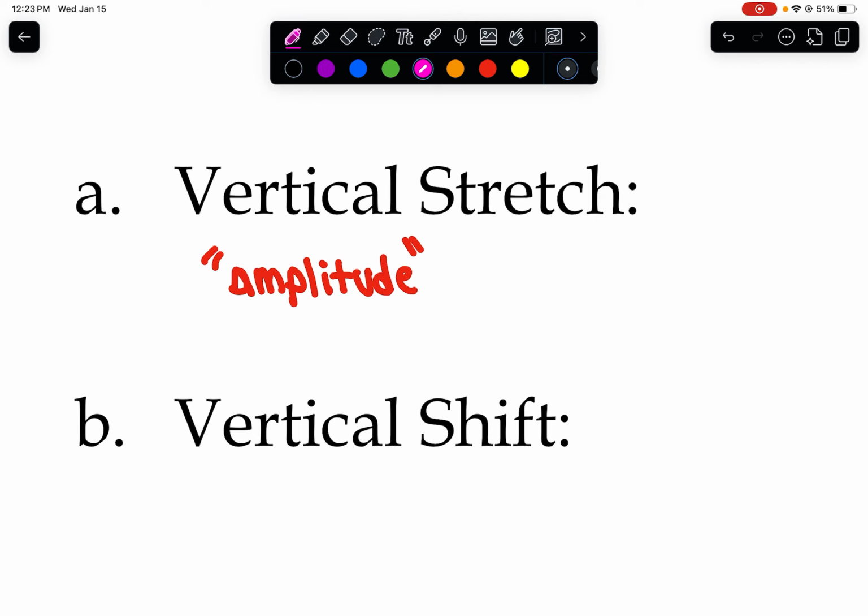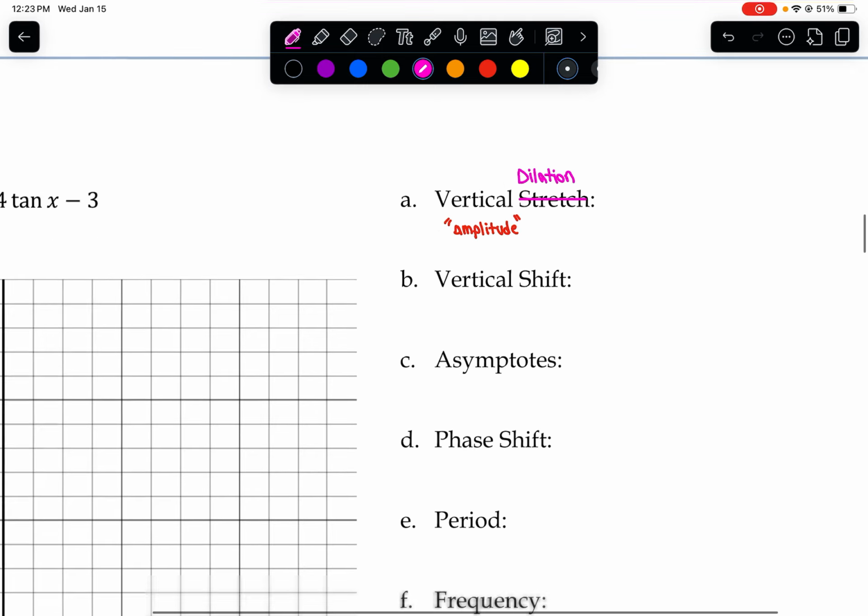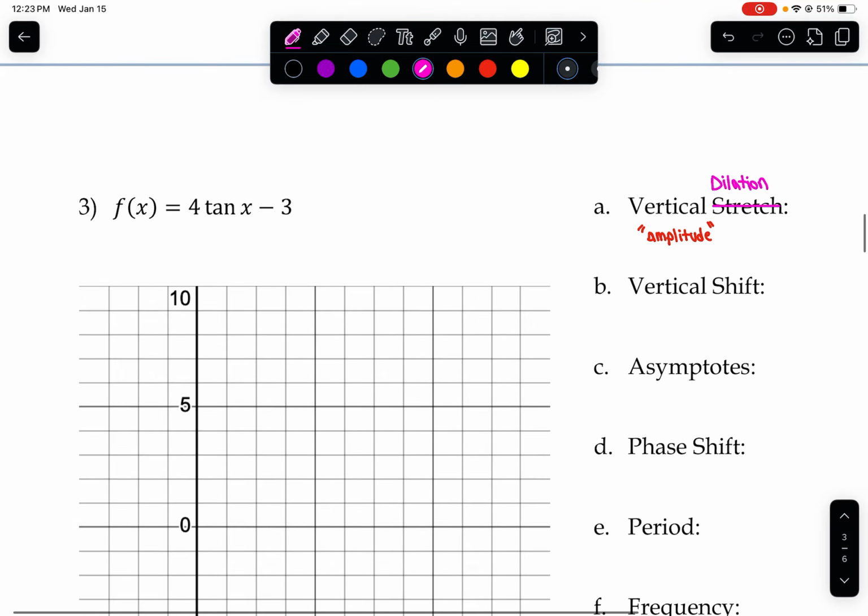Actually, that should not be a stretch. This should actually be a dilation. So I'm changing this to dilation because technically you could have a vertical shrink or a vertical stretch. So saying a vertical stretch might be a little convoluted. So I'm going to change it to dilation to be a little bit more all-inclusive to what we could potentially have. All right, so your vertical dilation is going to be your quote-unquote amplitude.